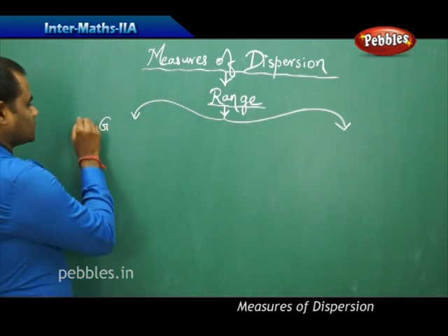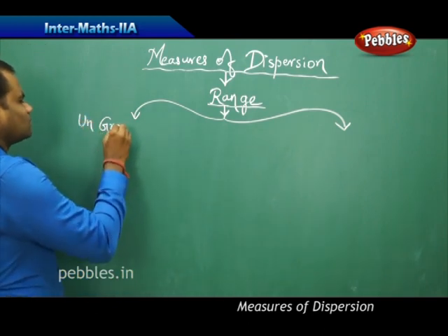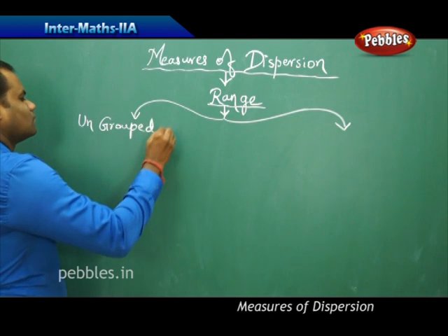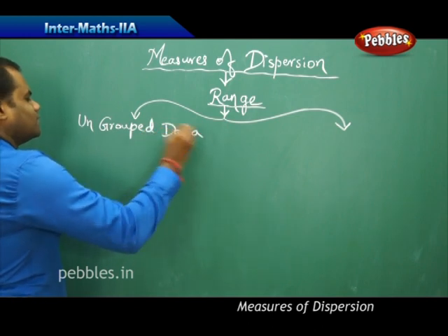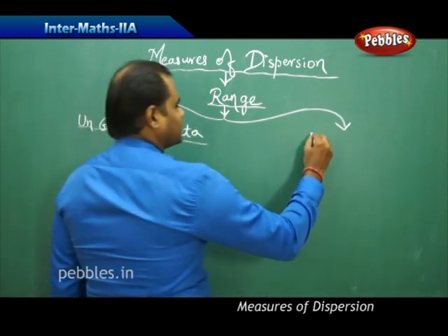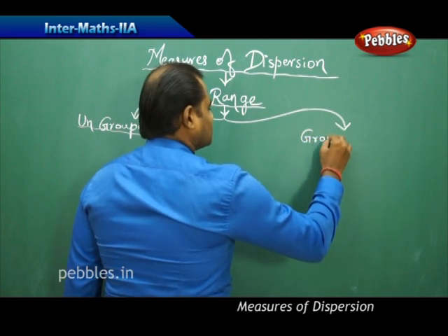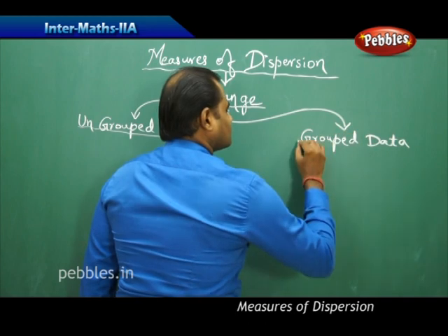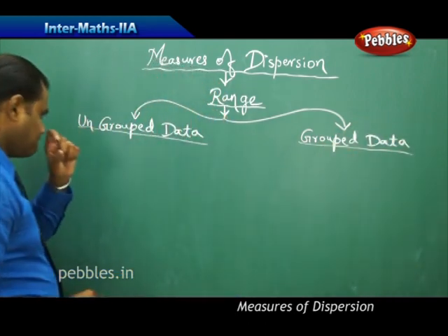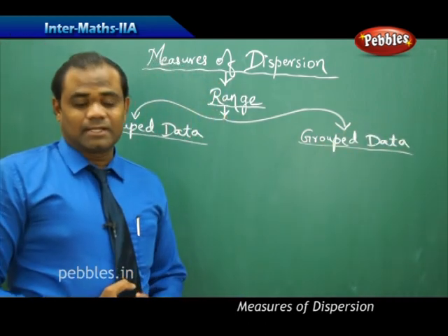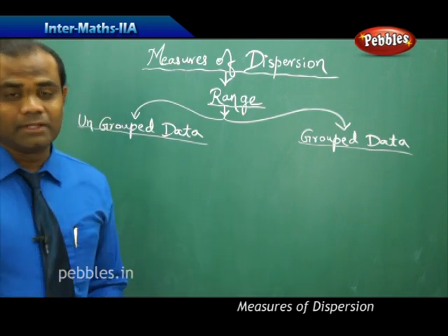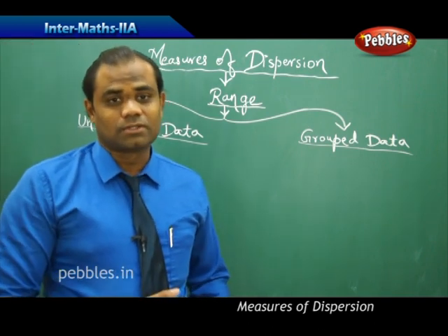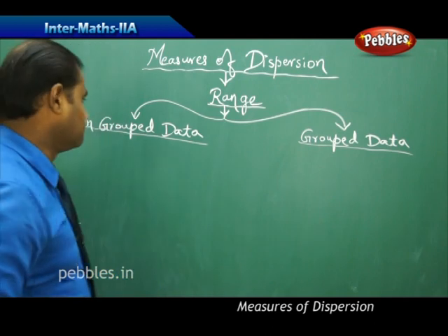One is the ungrouped data and next is grouped data. Now generally we know what is ungrouped data, that is when the data is given directly as scores, we call that ungrouped data.